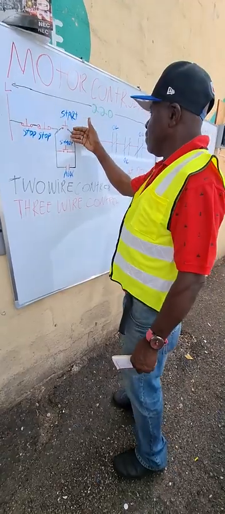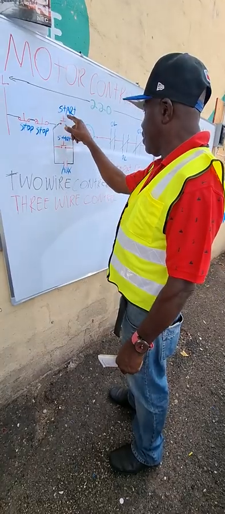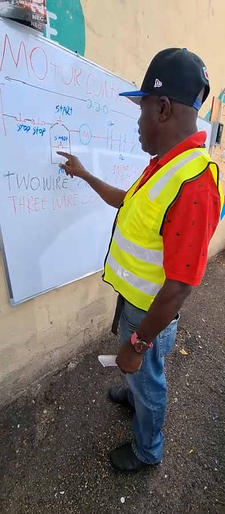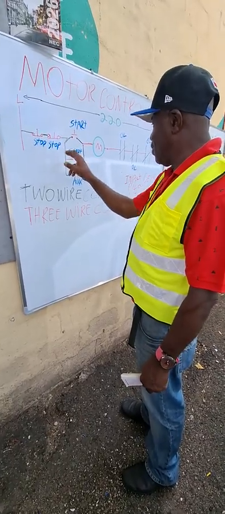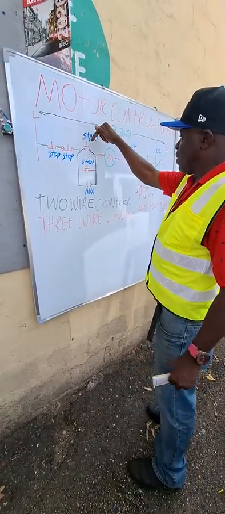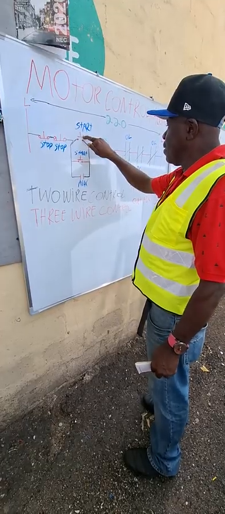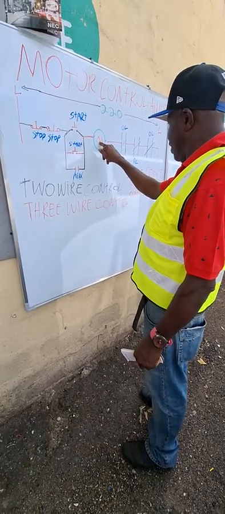The start buttons are connected across, in parallel, and they are normally open. So here it is open. There are 2 start buttons. It's open there. However, the stop button is closed, right? So they are normally closed. The start button is normally open, right? So when I press the start button, what it does is send power to the coil here.